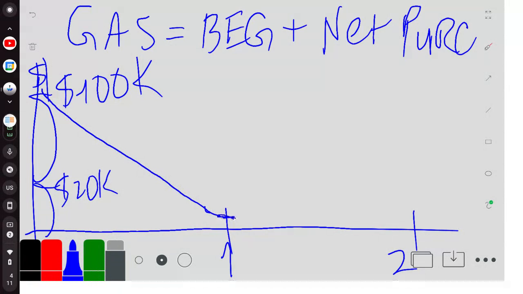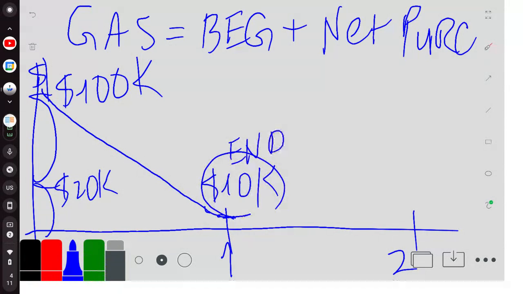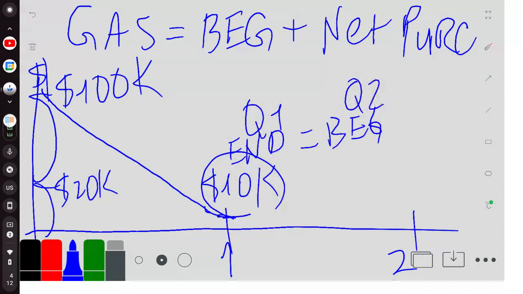At the end of the quarter, let's say we probably have 10K left. Okay, then that's the ending inventory of the first quarter. But that will become the beginning inventory of the second quarter. Does that make sense?